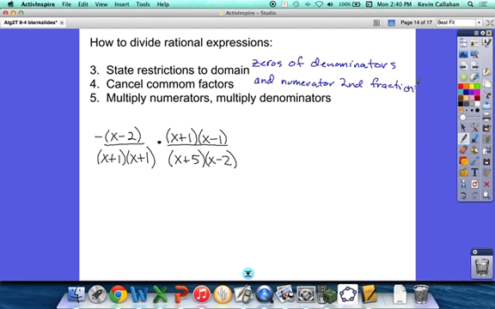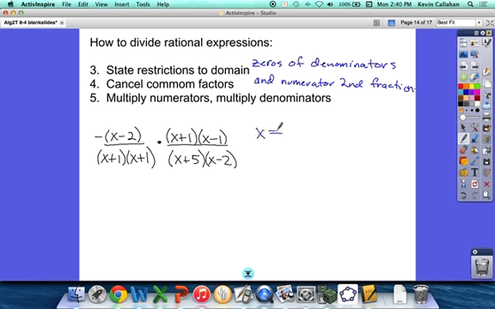Now, in truth, once you've turned it into a multiplication problem, you've kind of mixed up what was the denominator and what was the numerator of the second fraction, because we flipped that to get where we are. But it doesn't matter because you have to check them both anyway. You're going to check 1, 2, 3. So what are the restrictions here?